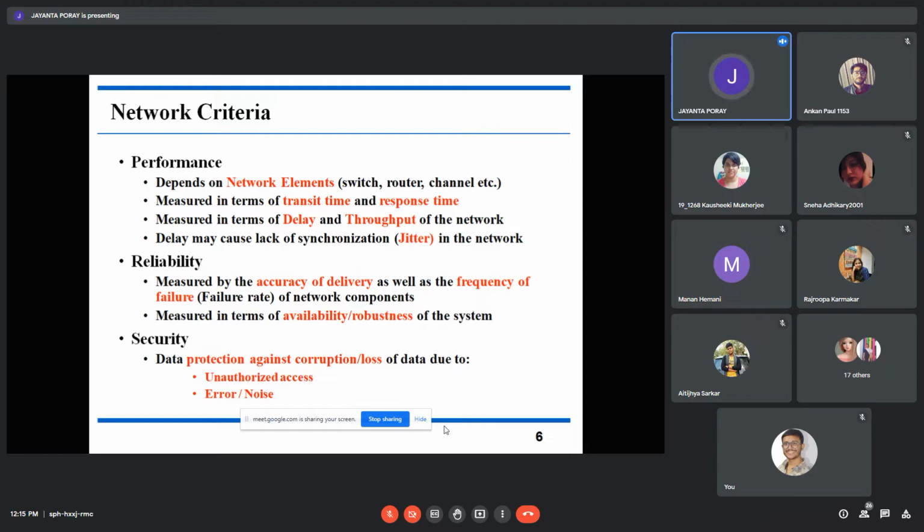Here the sender and the receiver are playing a dual role. When the sender is sending the packets, I say this is the sender. When the sender is receiving the packet, I call the sender the receiver, isn't it? The two parties play a dual role. Sometimes the sender becomes the receiver, sometimes the receiver becomes the sender also.